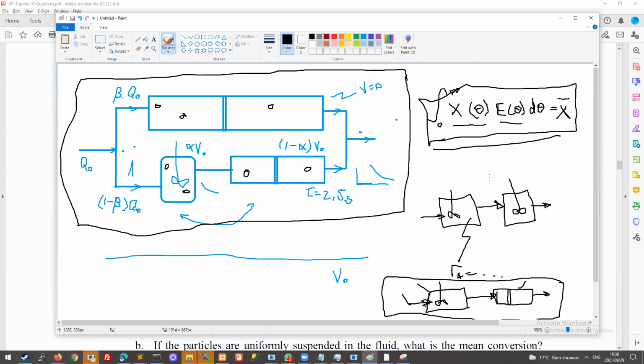It's the exact same thing that we did in the first part of the course. The difference here is now we can do it on a real reactor. We just view the real reactor as compartments of ideal reactors. So this is an approach of compartmentalization, right? We've taken a real reactor and we've broken it down into compartments of ideal reactors. That's basically it. Any questions or comments there?